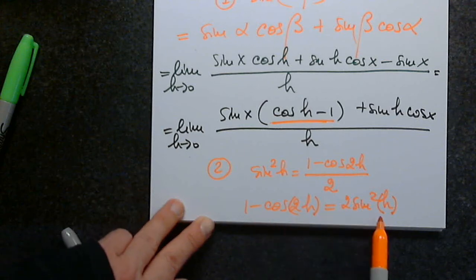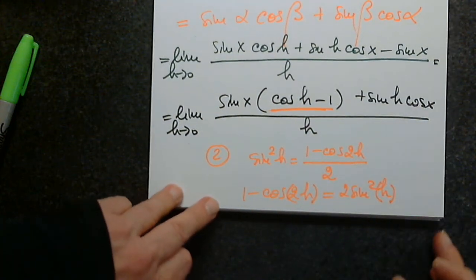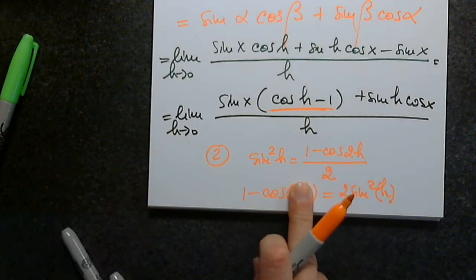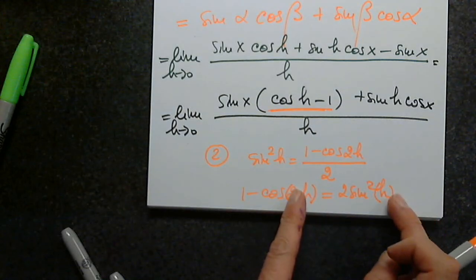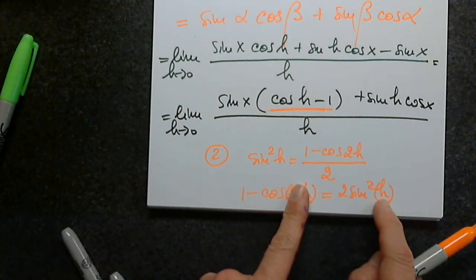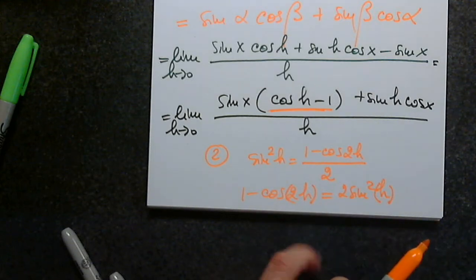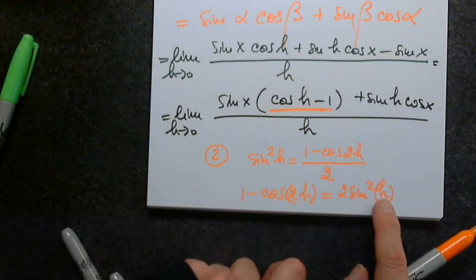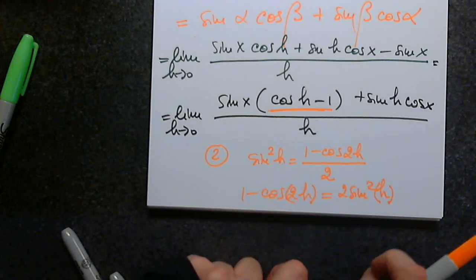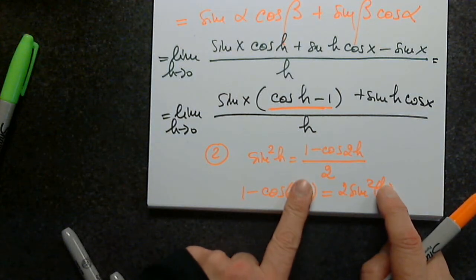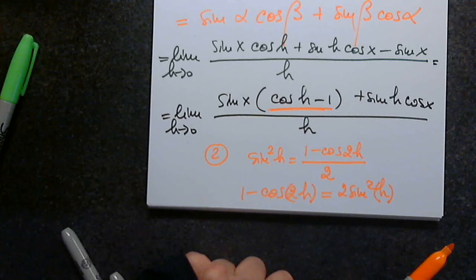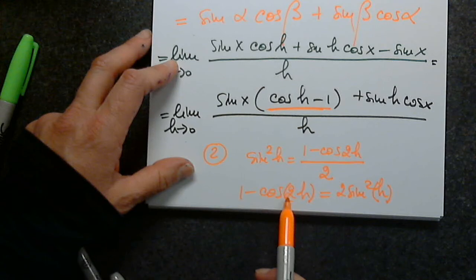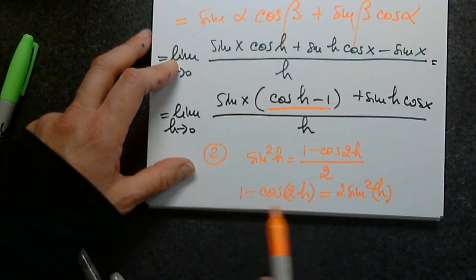So these identities are to be looked at in a dynamic way, meaning if this is 2h, this is h, and if this is h, then this is h over 2. If I have here 10, then I have here 20, because it's double angle. If I have here 1/2, then I have here 1. But I need cosine h minus 1, so I need 1 minus cosine h.